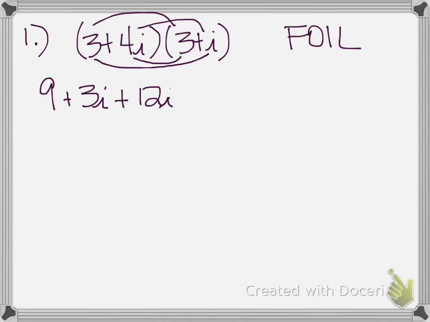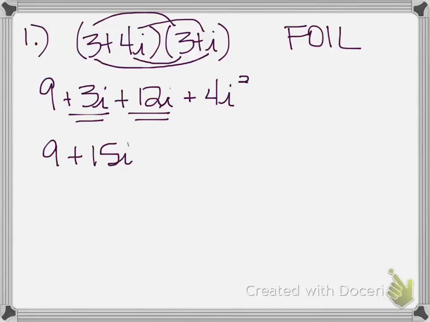And finally, my last terms, 4i times i, 4i squared. So let's go through and simplify what we can. I can definitely combine some like terms here. So I have my 9 in the front, 3i and 12i is 15i, and I have plus 4i squared.